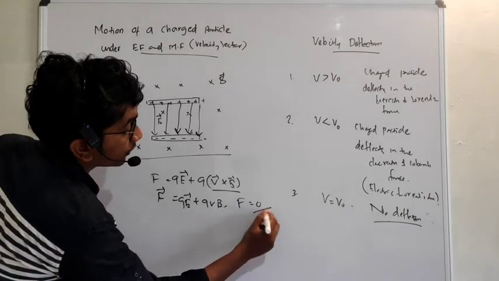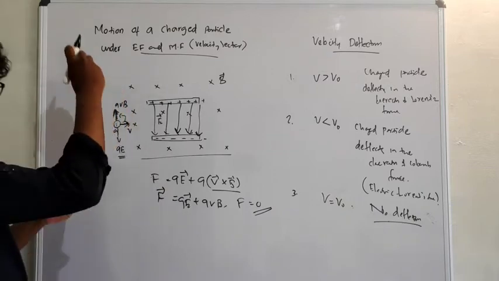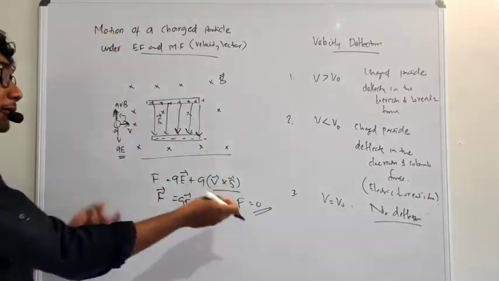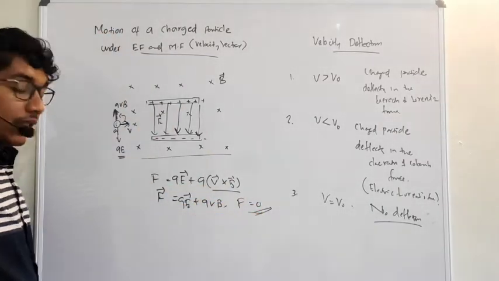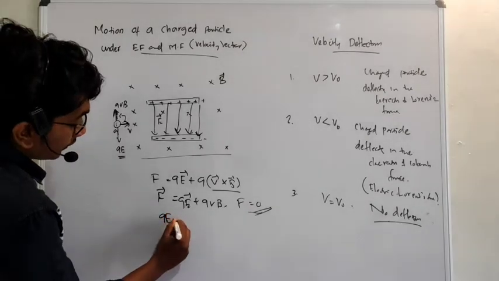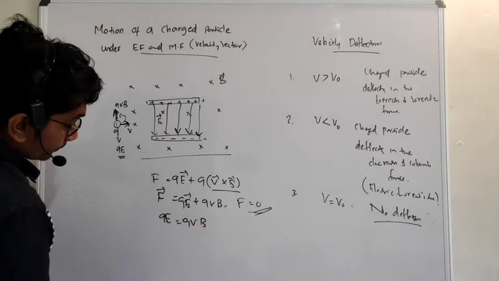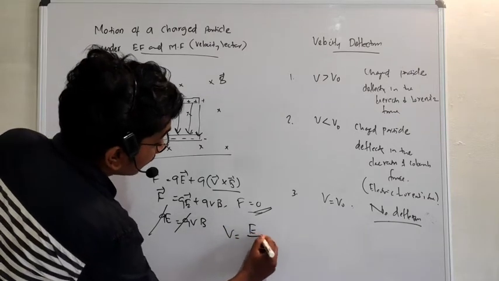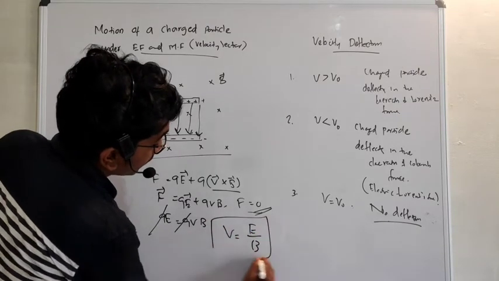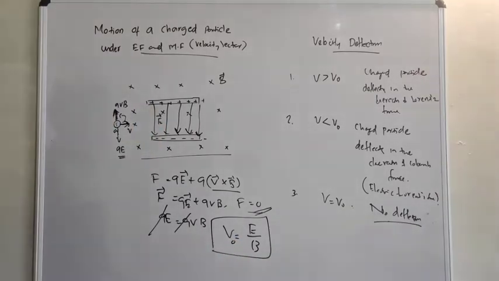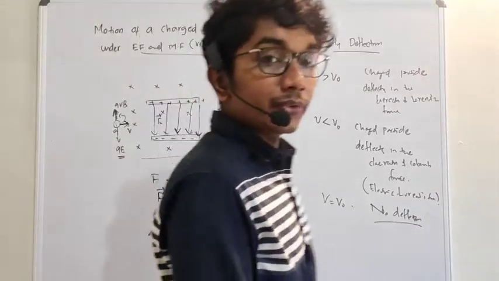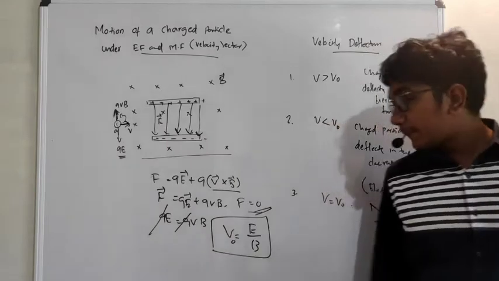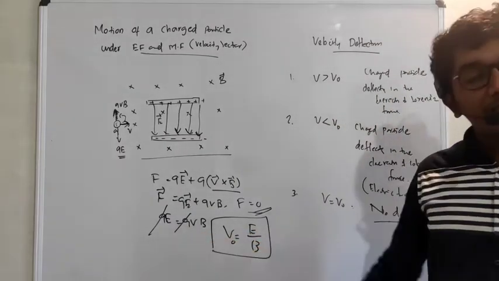F will be equal to 0. And then QE will be equal to QVB. Q cancels. So V is equal to E divided by B. We call it V0, V0 is equal to E divided by B.